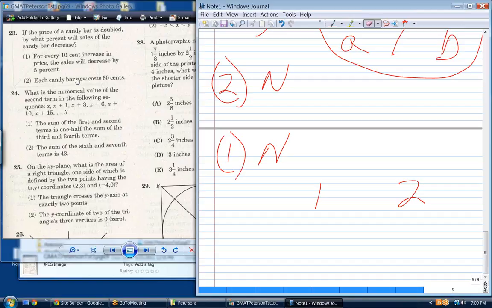Yep. But I think the important thing is not to do it. In other words, when we were analyzing 1 and 2 alone, we did enough math to realize that if we knew what the cost of the candy bar either was in the beginning or now, that's all the information we need.